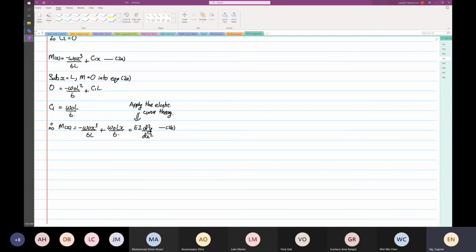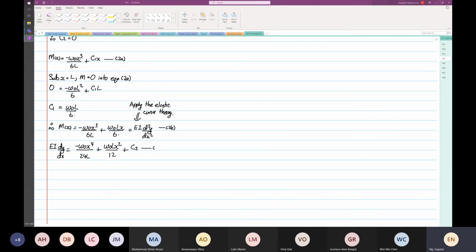Then we integrate equation 2b. So EI dy by dx is equal to minus omega naught x to the 4 over 24L plus omega naught Lx squared over 12 plus C3.